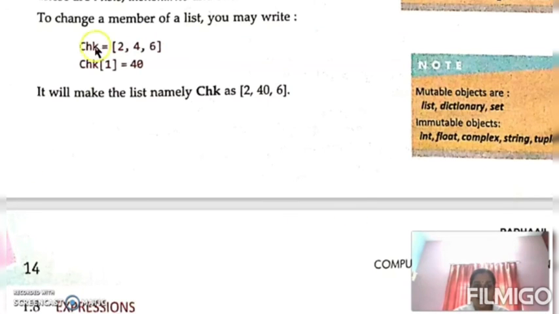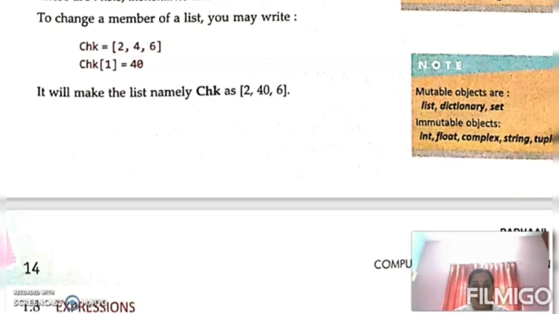Previously chk[1] is 4, and when we apply chk[1] equals 40, the 4 is changed to 40. So at the position of chk[1], the value will be 40. We replace the original value with a new value in mutability.